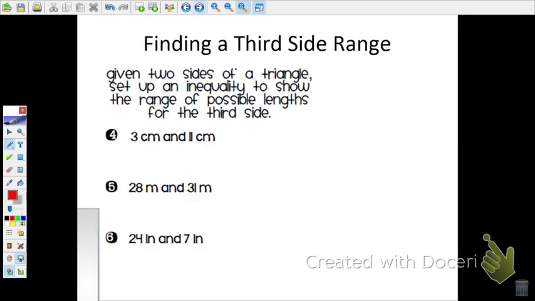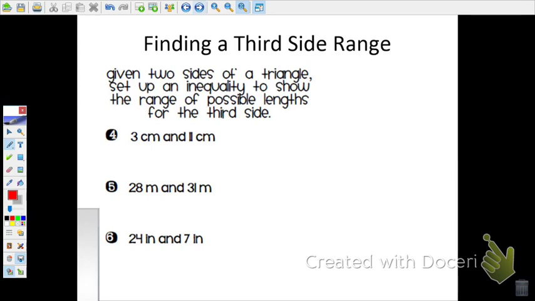Then if you move to the finding a third side range flap, this is using that same idea of that triangle inequality theorem. This time it gives us two sides and we want to find the third side range.